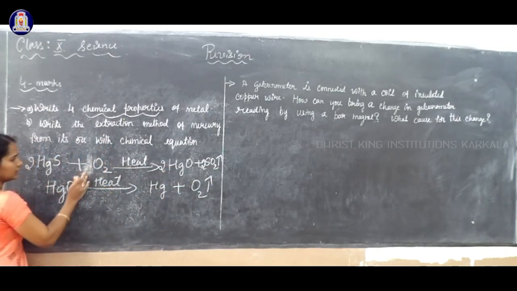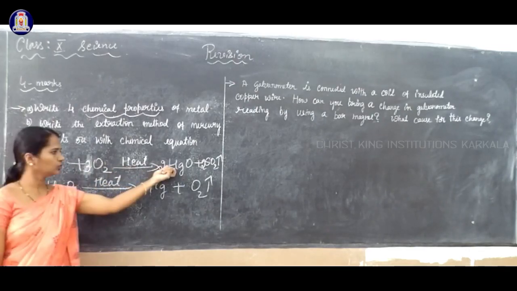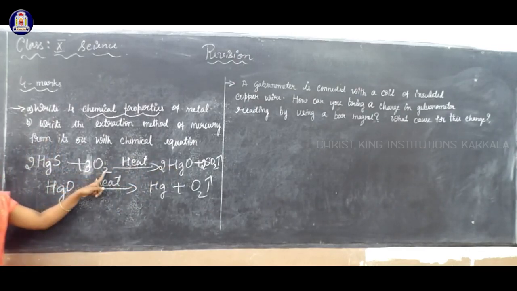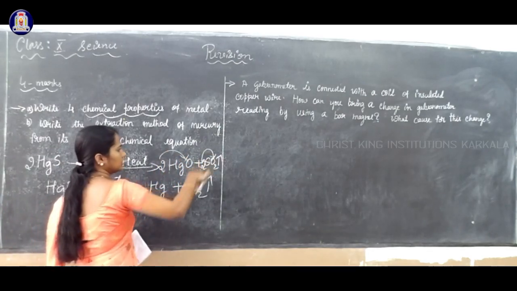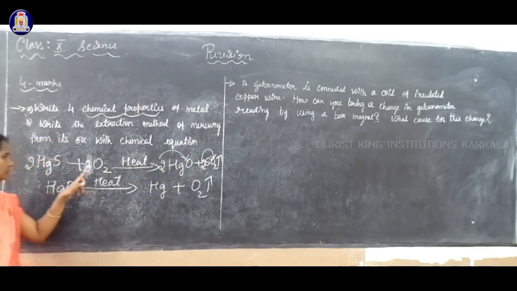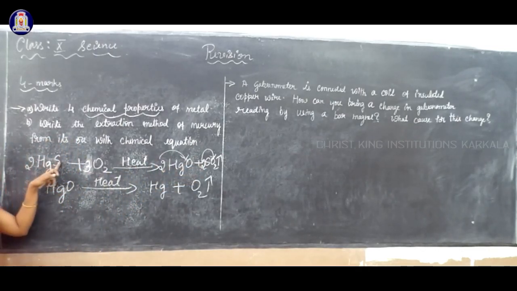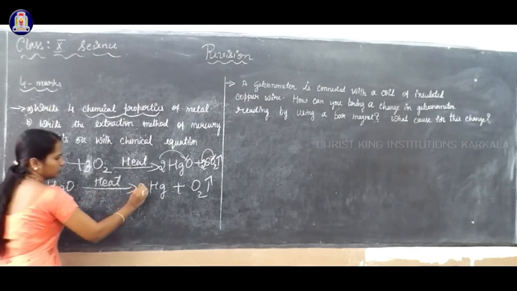So you have to write here 3. 2 Hg, 3 2s are 6 oxygen. On the right, 2 oxygen, 2 2s are 4, together 4 plus 2, 6. 2 S, S2. So it is balanced now. 2 HgO, O2, so here 2 Hg.